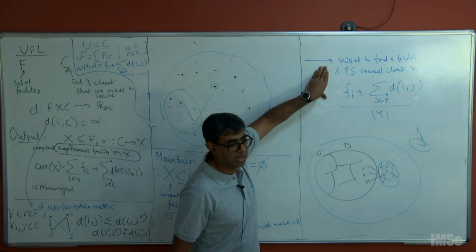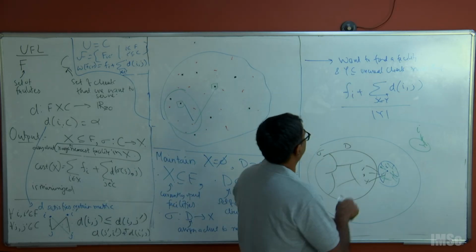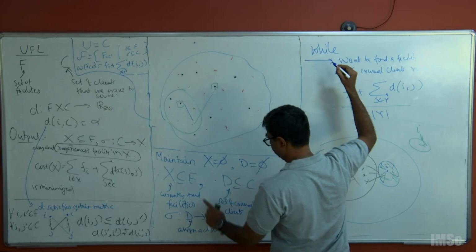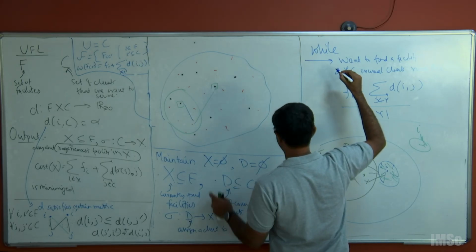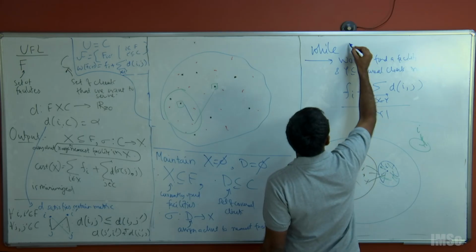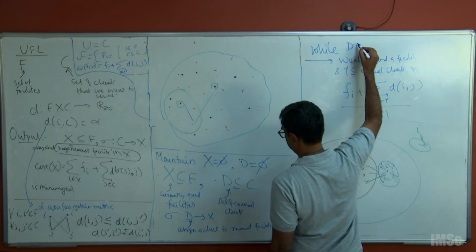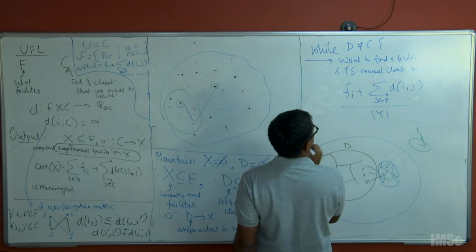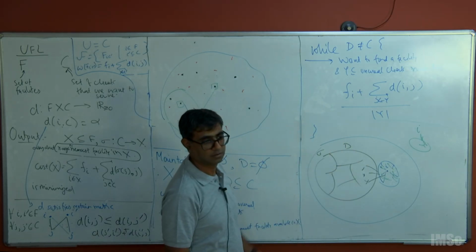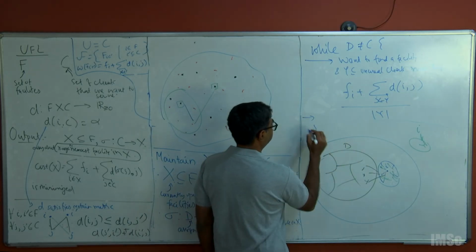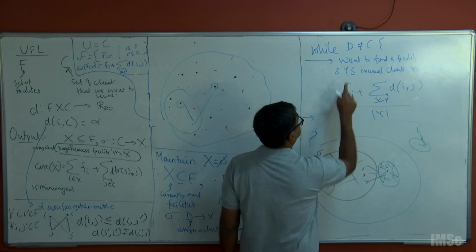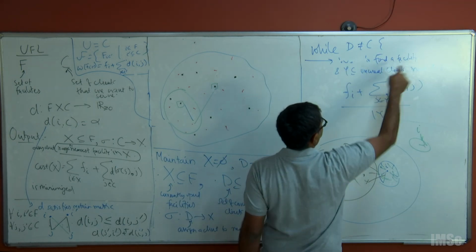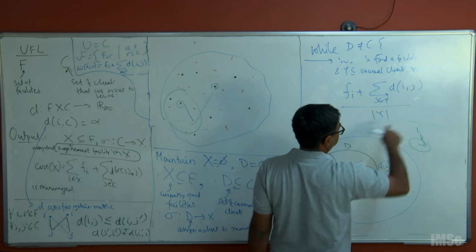At any point of time, you find a facility I. So if you want, I can say: while D is not equal to C, we will do this. Find a facility I and an uncovered Y such that this happens.